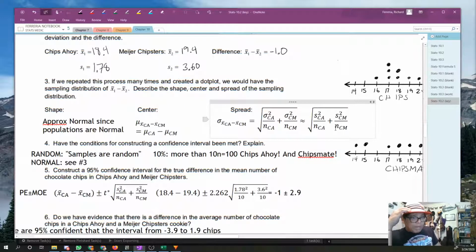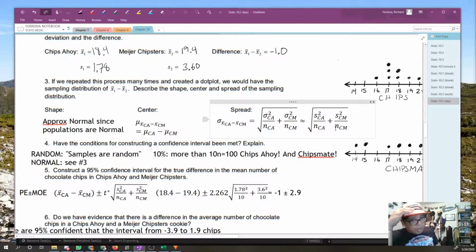Specifically, we're going to have X bar of Chips Ahoy minus X bar of Chipsmate plus or minus T star. There's that T star because we're using S instead of sigma. Multiplied by the square root of those two variances added together.